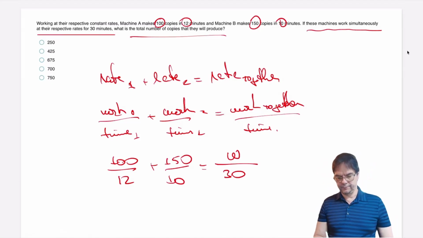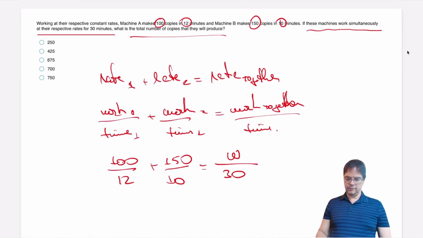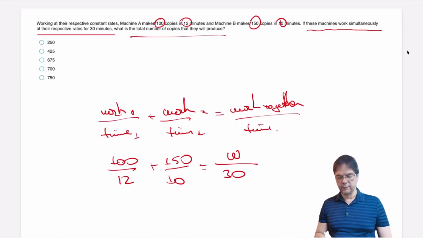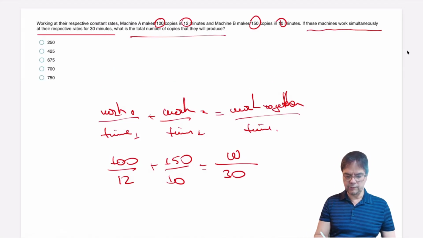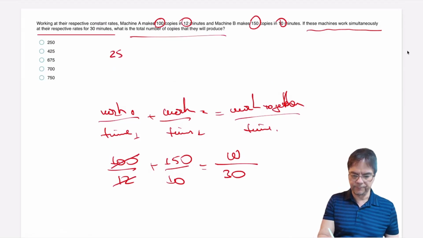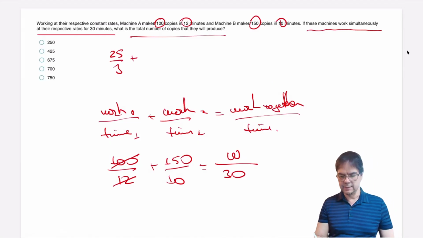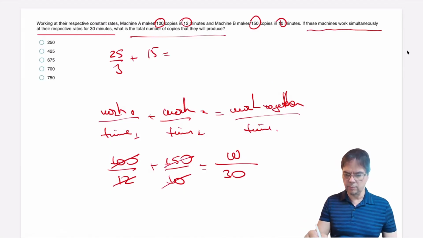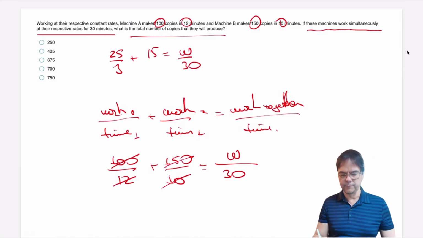Well, what is the best way to do that? I think the best way, let me create space, is to take the least common multiple. Here 50 over 6, 25 over 3, plus 15 is equal to W over 30.